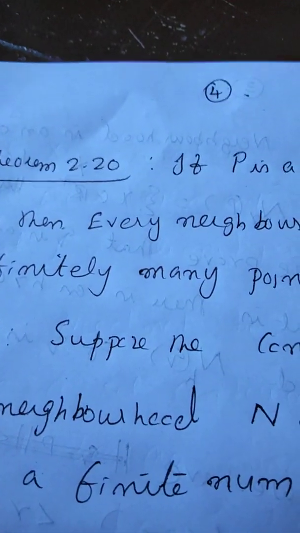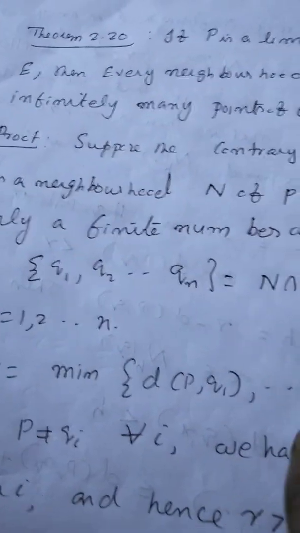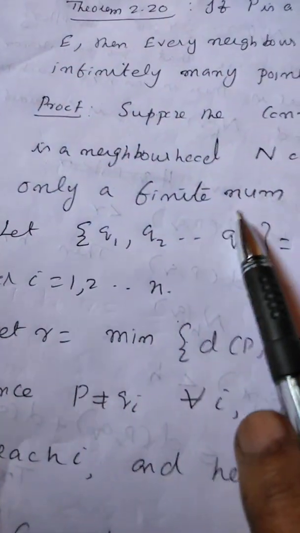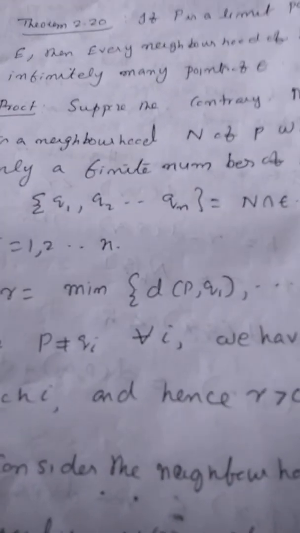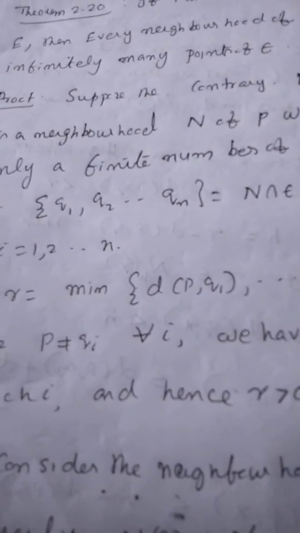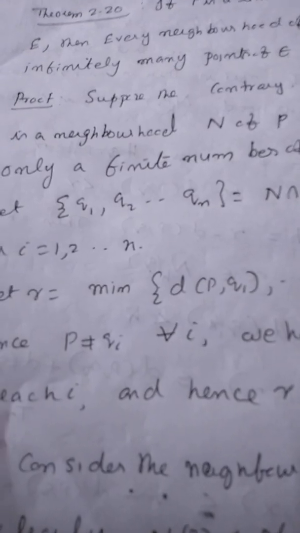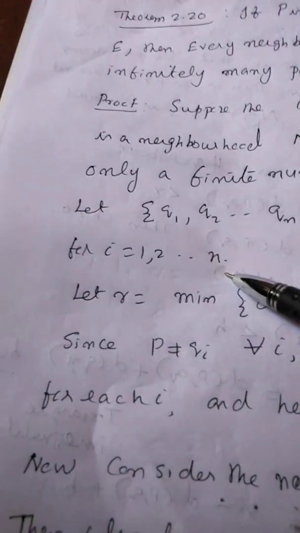Suppose, to the contrary, that there is a neighborhood N of p which contains only a finite number of points of E, and let those be q_1, q_2, ..., q_n, which equals N intersection E, with p not equal to q_i for i equal to 1 to n.